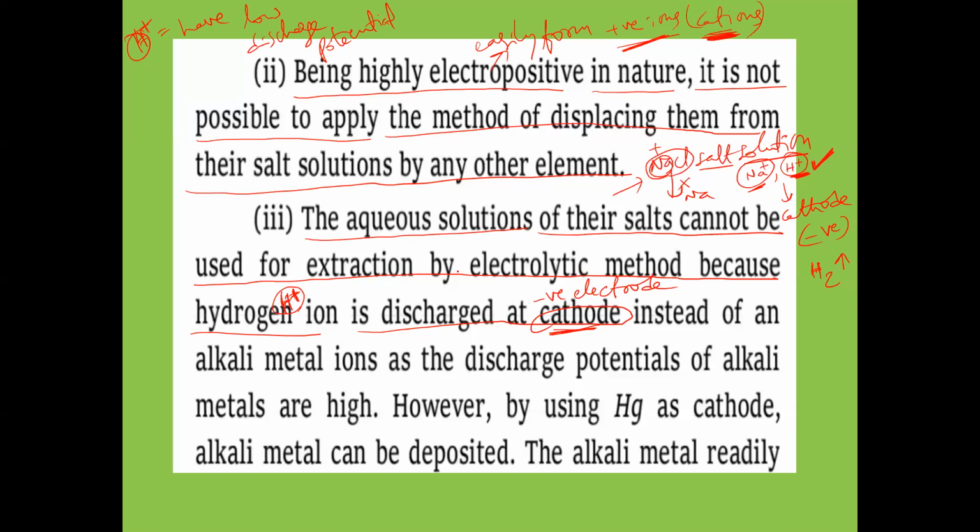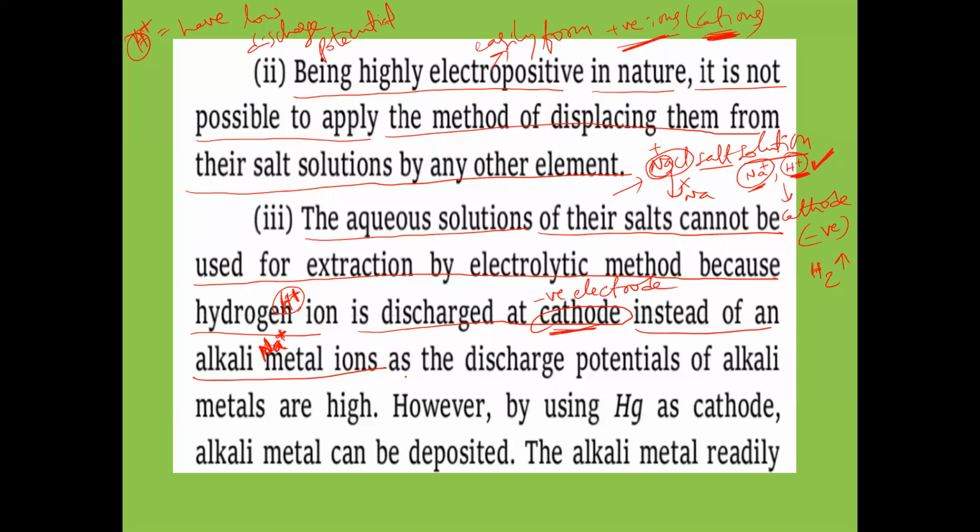They cannot be used for extraction by the electrolytic method, because hydrogen ion is discharged at the cathode instead of the alkali metal ion. The alkali metal ion we have taken in this discussion as an example is Na plus. When this Na plus alkali metal ion and H plus ion are present, which will be discharged preferentially? H plus will be discharged before Na plus. That is the point we mainly have to understand.